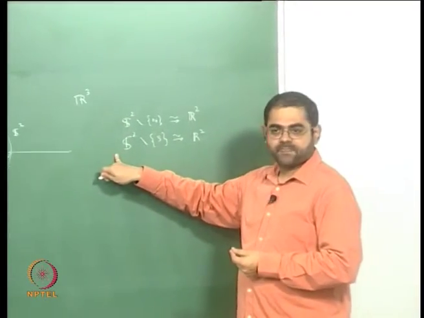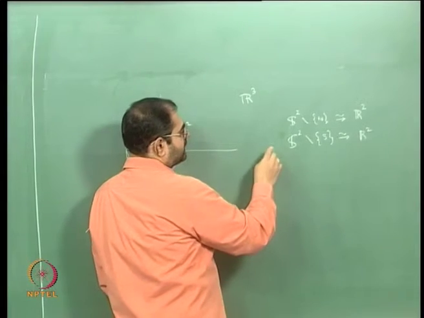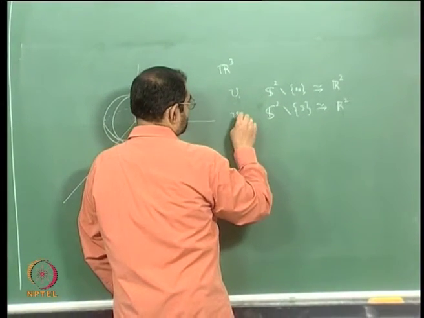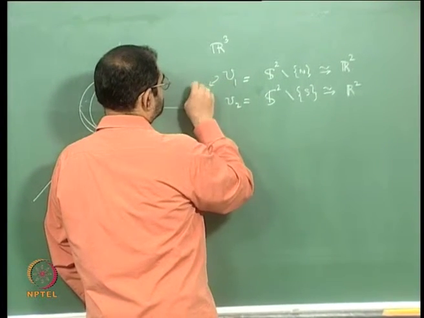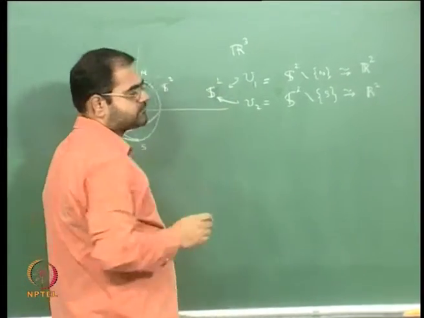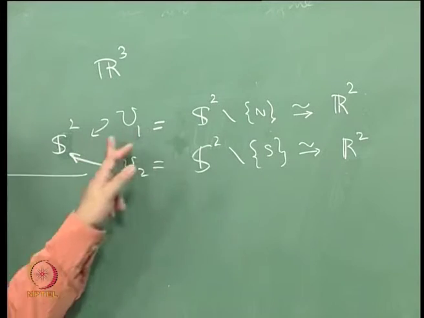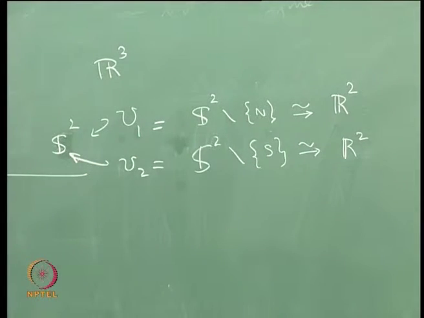Now what you must understand is that each of these things you can call an open subset of the sphere. Both are open subsets of the sphere, and they cover the sphere, and each open subset looks like R2, meaning it is homeomorphic to R2, and the homeomorphism is via the stereographic projection.